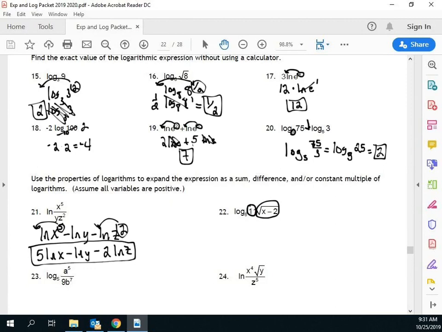I've seen a lot of students, they'll just go through and be like, oh, there's nothing I can do about that. They don't know how to make that first step. They don't realize that a coefficient, guys, a number, is still being multiplied times a variable here. And so it's log base 8 of 11 plus log base 8 of the square root of x. And of course, we always know square root is to the 1/2 power.